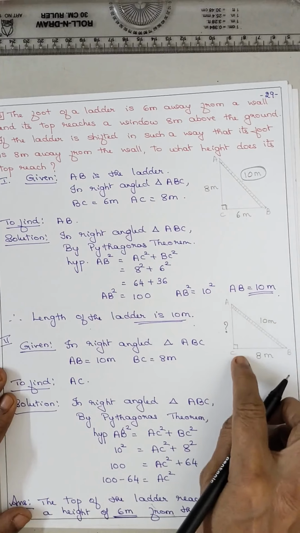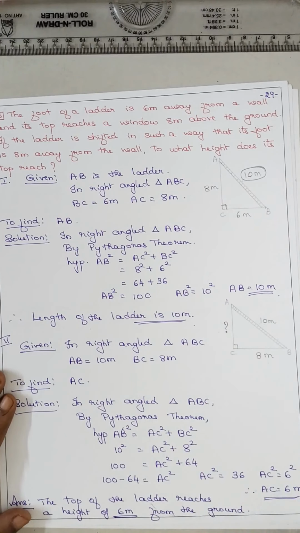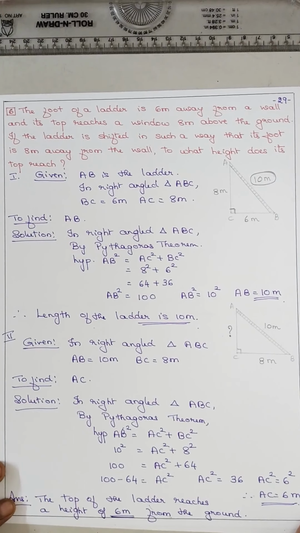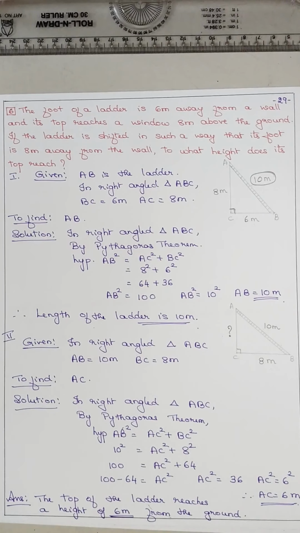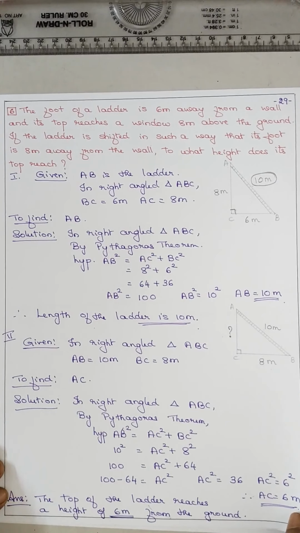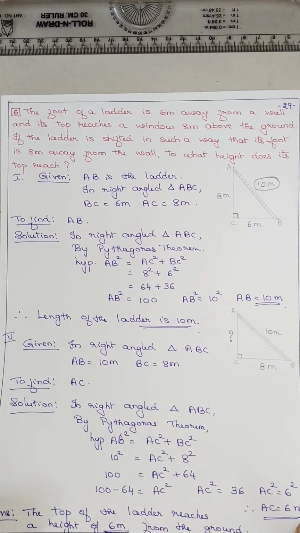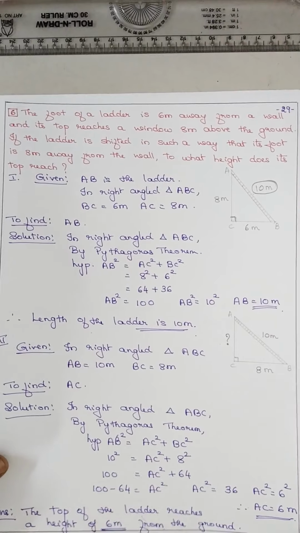Isn't it? How much above the ground? 6 meters. Hope you understood. All students, did you understand this sum? Sixth sum, a little bit lengthy. So first you have to find out the length of the ladder and then find out the height of the top from the ground. Distance of the top of the ladder, isn't it?